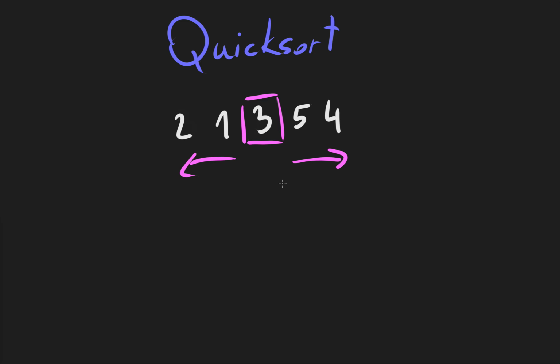With the Quicksort algorithm, we do this recursively, on the left side and on the right side. And when we're finished, the array is sorted.